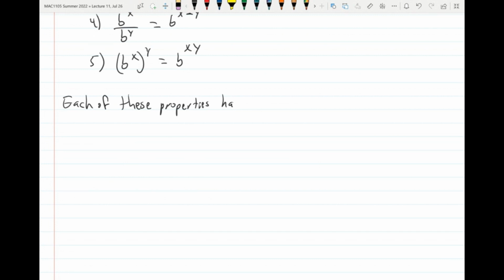So when I say each, I'm talking about a singular thing. Each of these, one at a time, right? Yes. Okay. So each of these has a logarithmic counterpart.